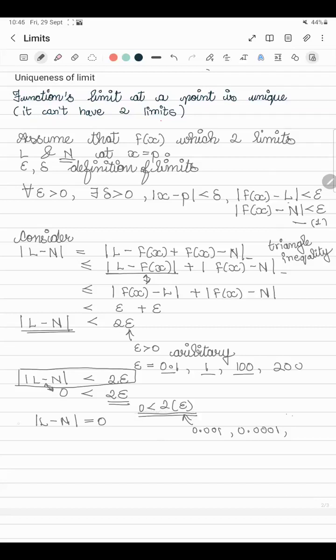So what we have gotten here is that L minus n is equal to 0, which implies that L is equal to n, and our assumption is proven to be wrong, that L and n are two distinct limits at x equal to p. So we have proven our theorem, which says that a function's limit at a point is unique.